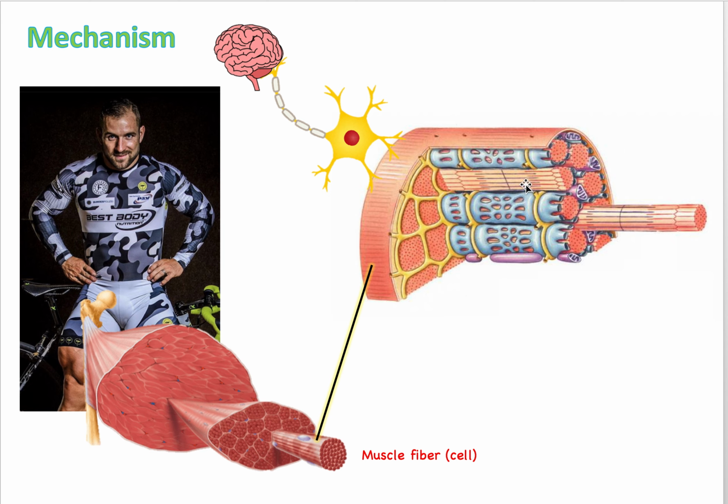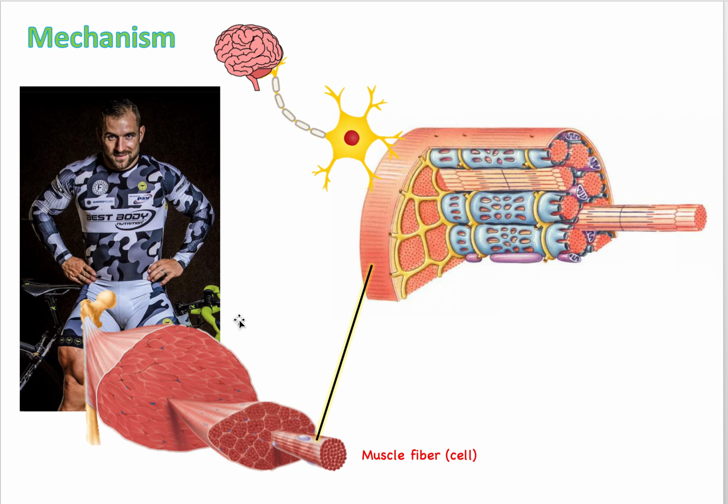This is the inside of one muscle cell. It's made up of many small pipes like this called myofibrils. These sections are the things that contract. So if all of these myofibrils contract, the muscle cell will contract, and then the whole muscle will contract.